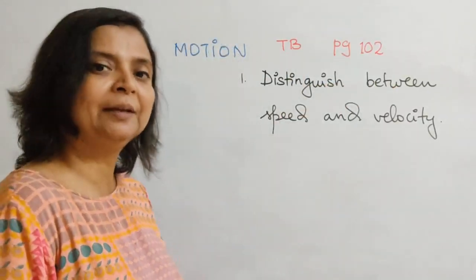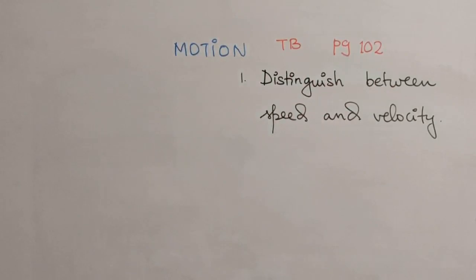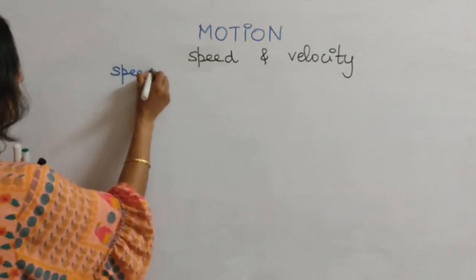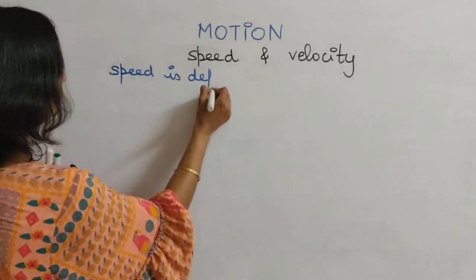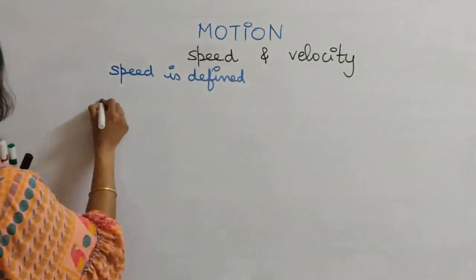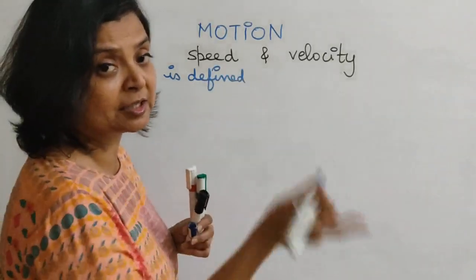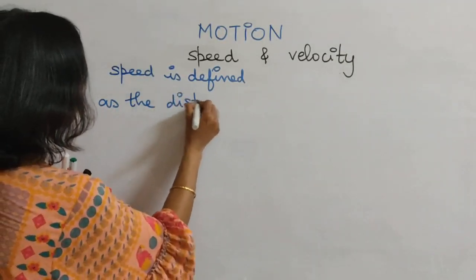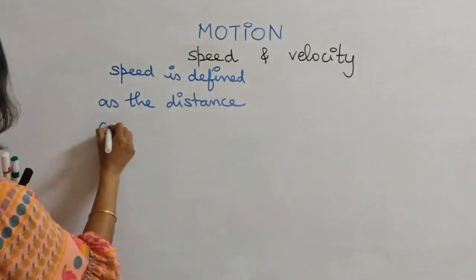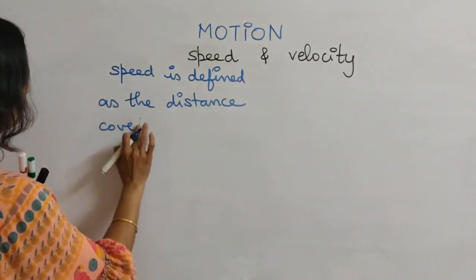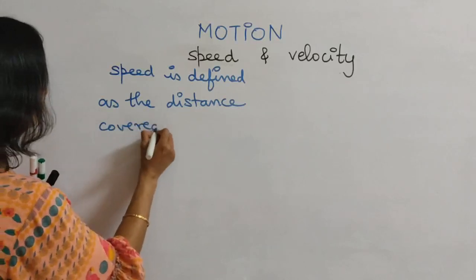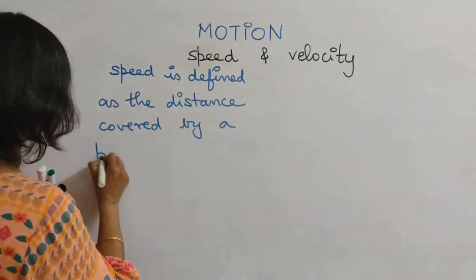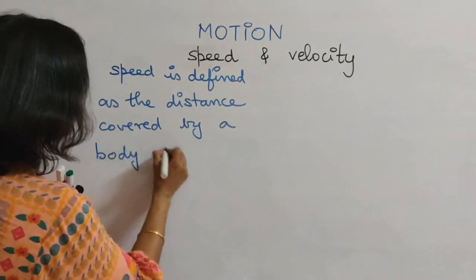And the answer would be, speed is defined as the distance covered, if you remember it is distance upon time, as the distance covered by a moving body in unit time.